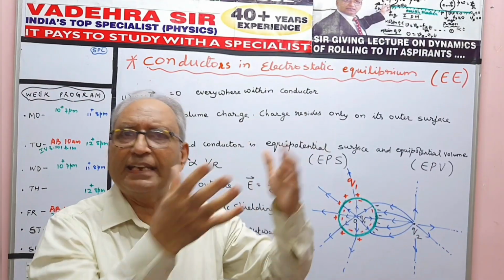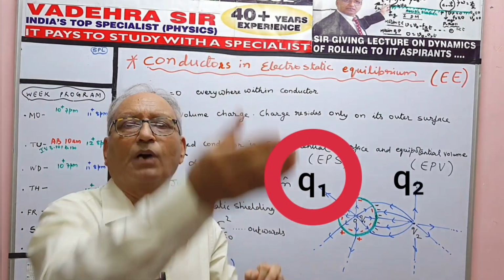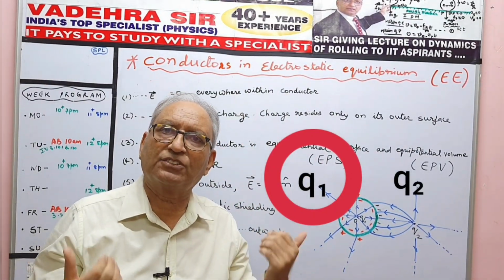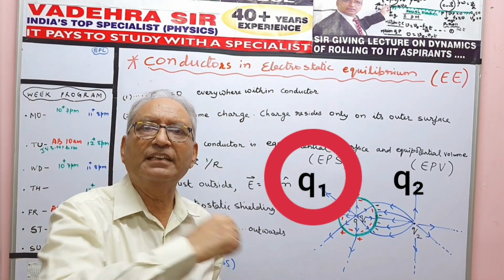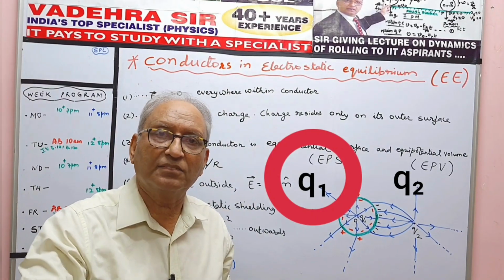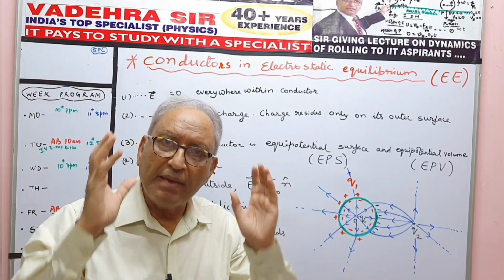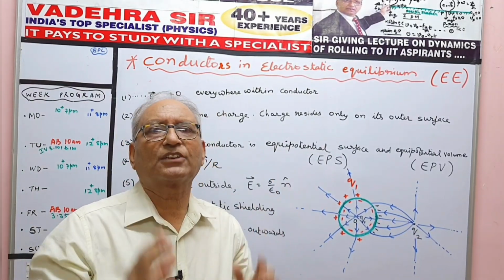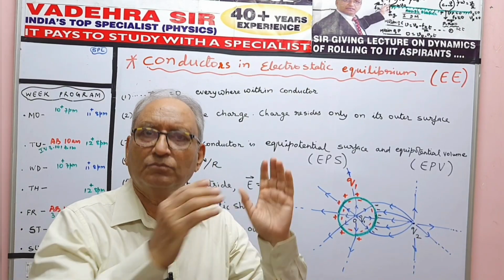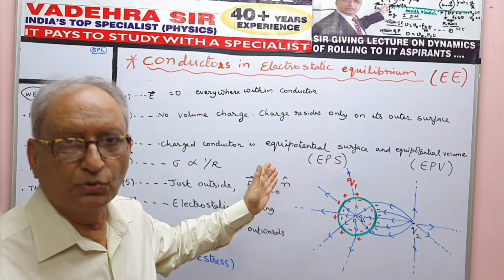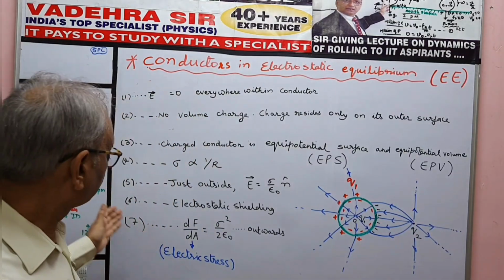If I take a simple situation of a hollow conductor with a charge Q1 inside and Q2 outside, then electrostatic shielding means that the conductor shields the inside charge from the outside field, and the field of the inside charge does not reach the outside charge. I will have a major video lecture just on electrostatic shielding, cavity problems and induced charges, and so on.